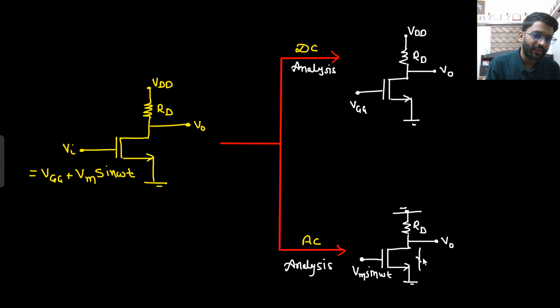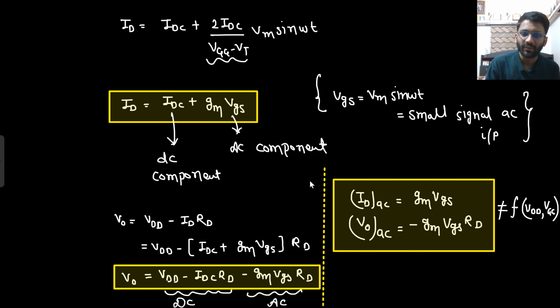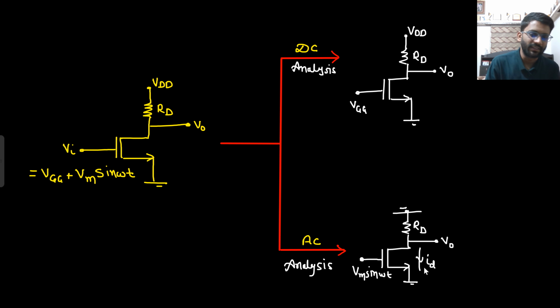I will have a small id. This GMVGS I generally call small id. This is the AC signal. So what will be my V naught? V naught will be minus small id into RD. What is small id? Small id is GMVGS, so GMVGS into RD.